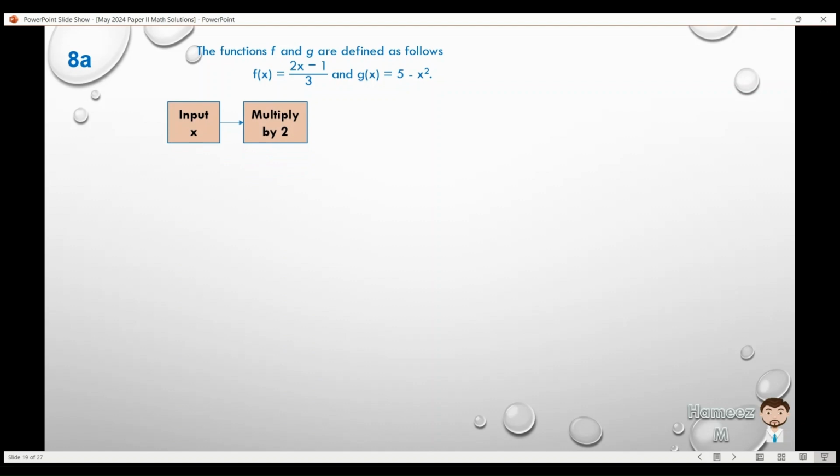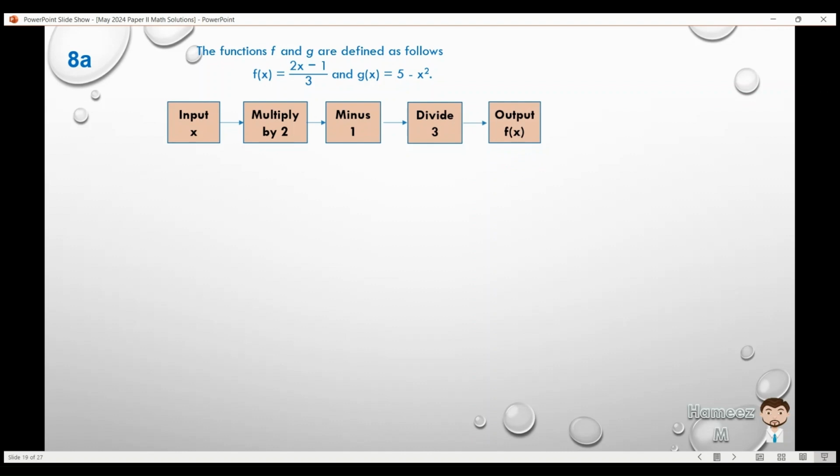And then what do we do next? After 2x, we minus 1. So for any number we have, say minus 6, we multiply by 2, get an answer, then minus 1 from it. When we've got that answer, which is our whole numerator, we now divide by 3. That will give us our final answer or output.